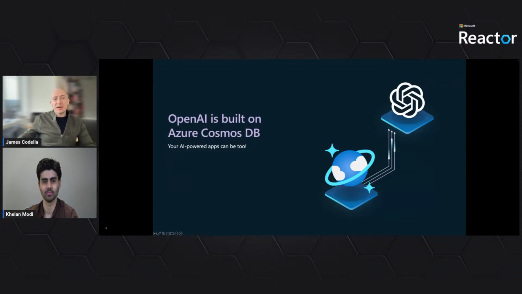And as you may know, OpenAI is built on Azure Cosmos DB. Cosmos DB has been used for ChatGPT chat history in multiple scenarios to power ChatGPT for ages. As ChatGPT has scaled to incredible usage, and as you may know, ChatGPT is one of the fastest growing, fastest adopted applications in history, as they scale to millions and millions of customers, they didn't have to make any changes to their Cosmos DB instance, right?